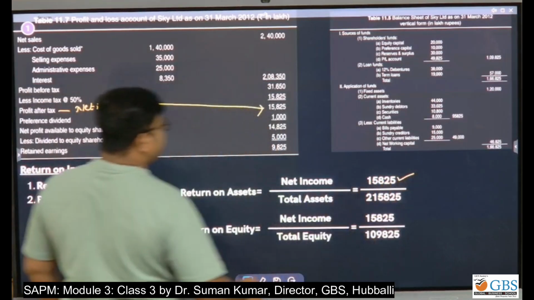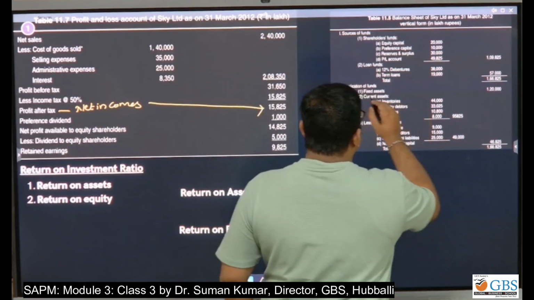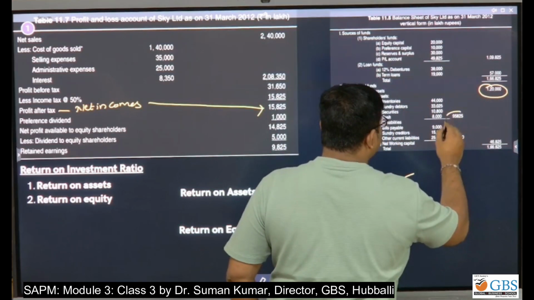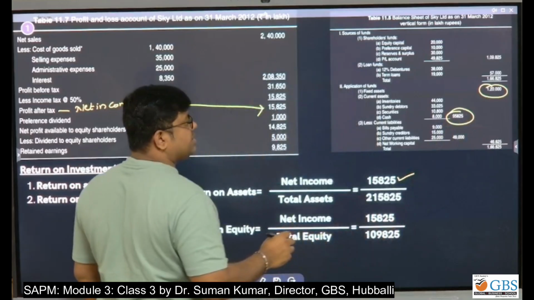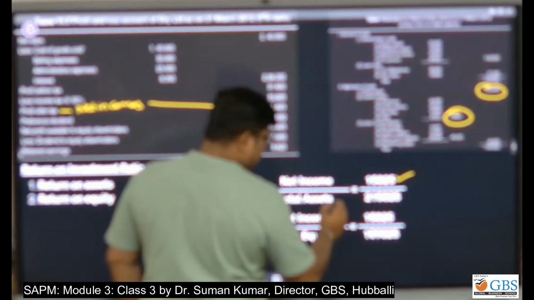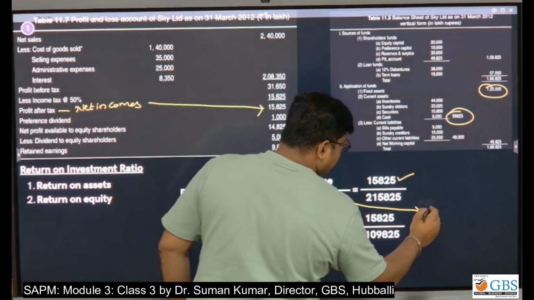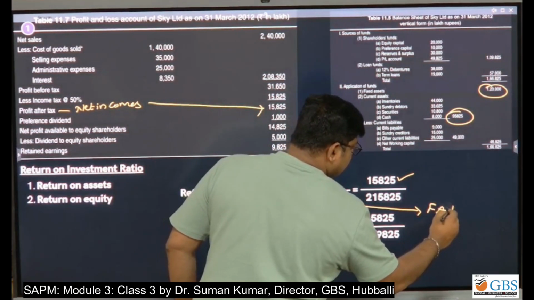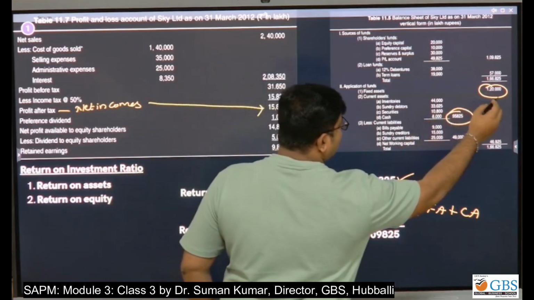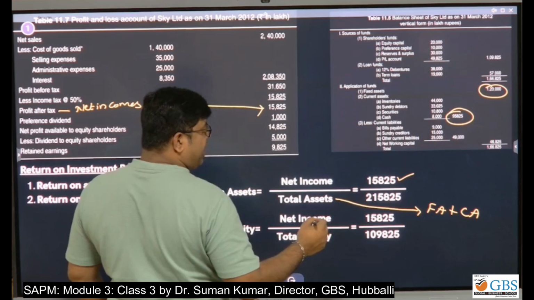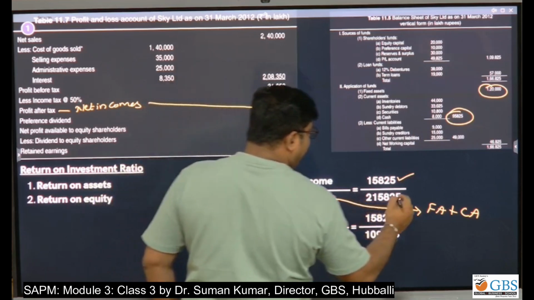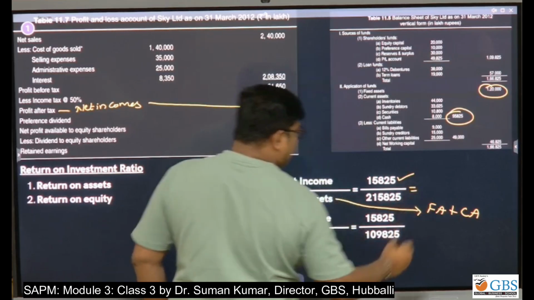Total assets, how come? Fixed assets plus current assets, that is total assets, that is 1,20,000 plus 95,000, that is 2,58,025. What is the answer?